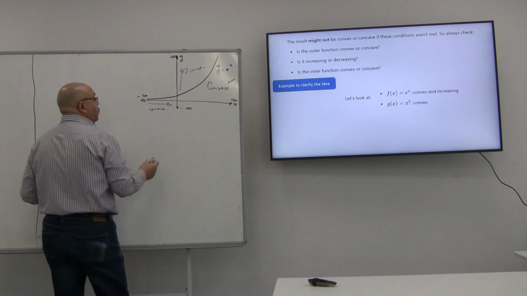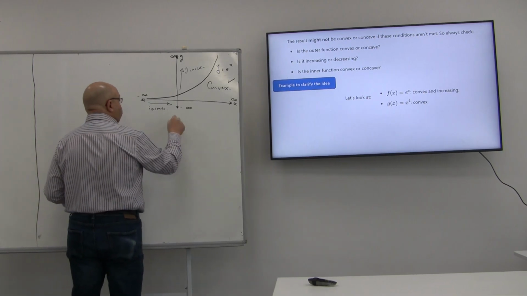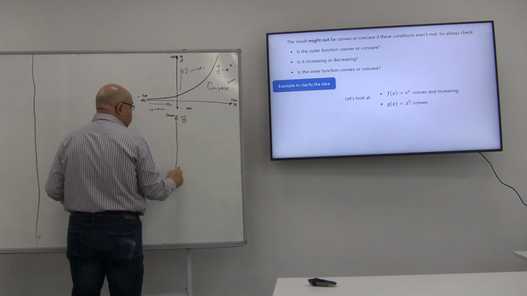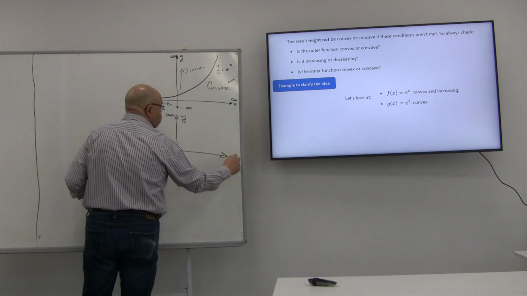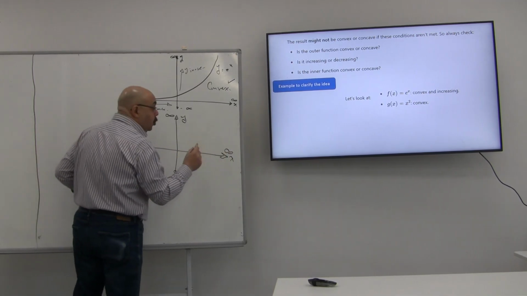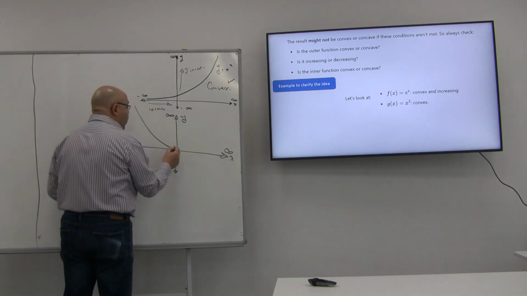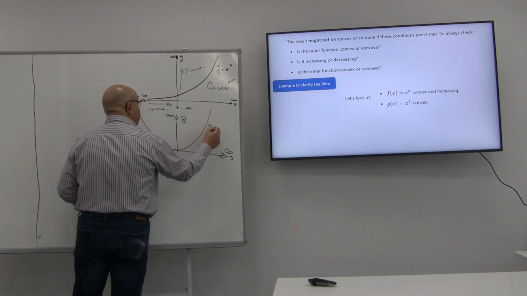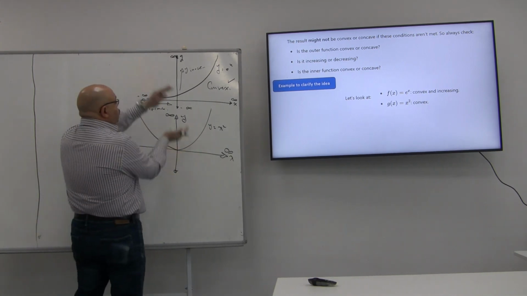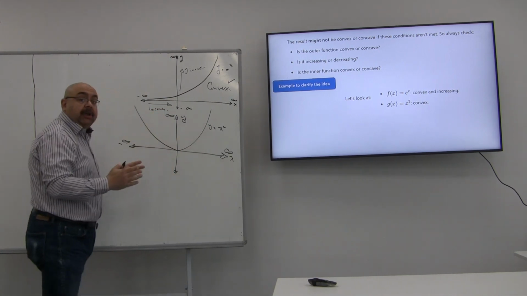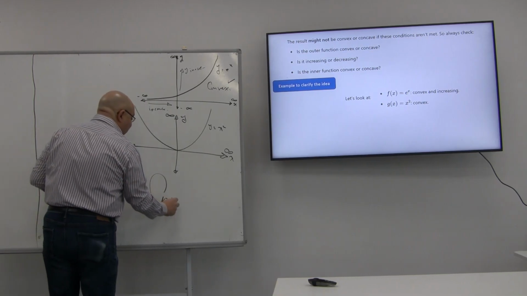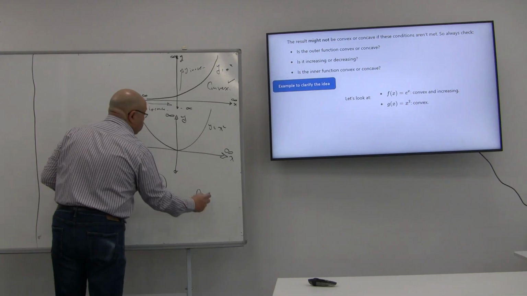If I'm talking about an inner function, which is g of x, this is y, that's positive infinity, and that's of course x, positive infinity and negative infinity. If we are talking about x squared, that's y equals x squared, which is a convex function. Putting these two together will result, for sure, in a convex function.